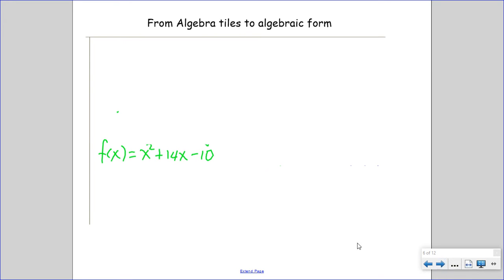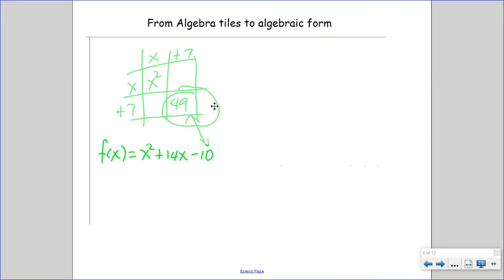And gradually, we are going to move from the algebra tiles that are so powerful visually to thinking algebraically. So in this example, for instance, we can visualize that if we had x plus 7 squared, our area model, or our equivalent to the models that we've been seeing, would have 49 in this corner.